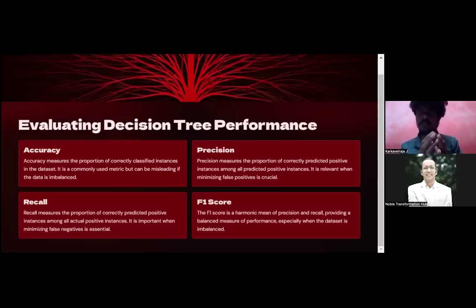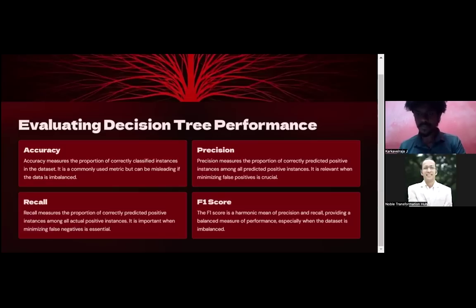So when false positives matter, go for precision. When false negatives matter, go for recall. When the data is imbalanced, go for the F1 score. These are the evaluation metrics we have, and you can pick whichever you need. That's all about evaluating decision tree performance.